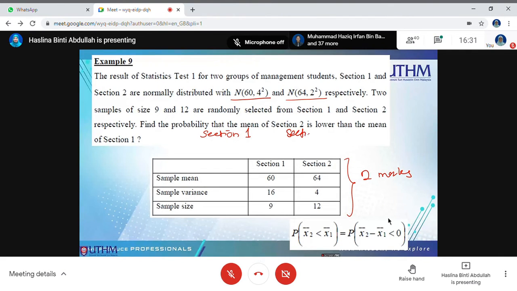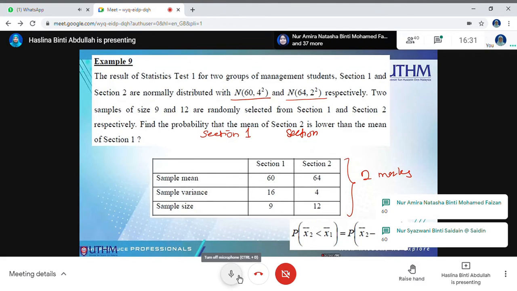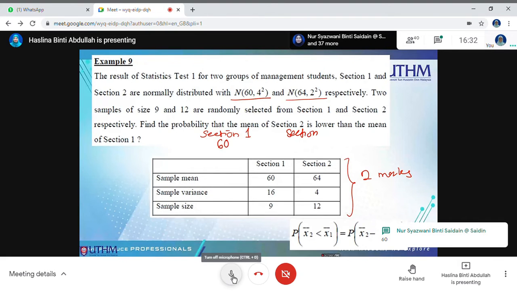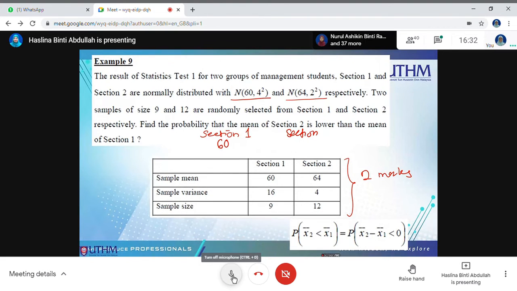Okay, Section 2. And then the mean. Mean for section 1? 60. Mean for section 2? 64.